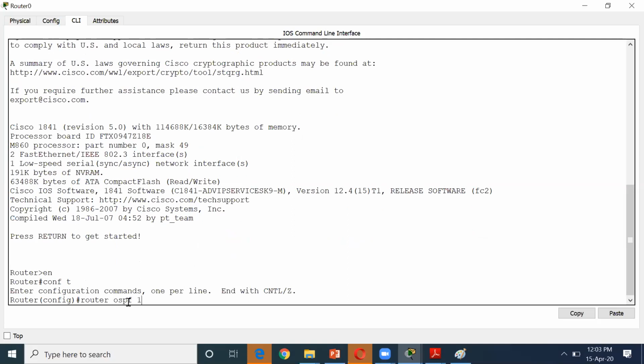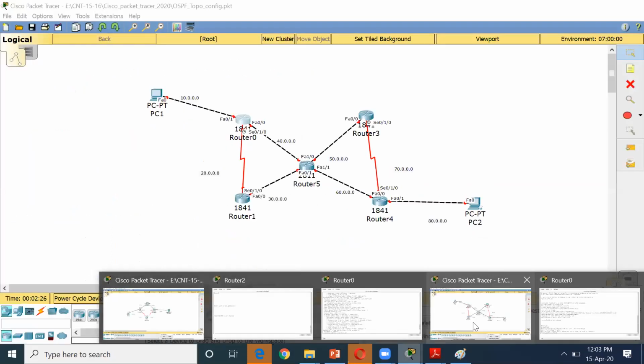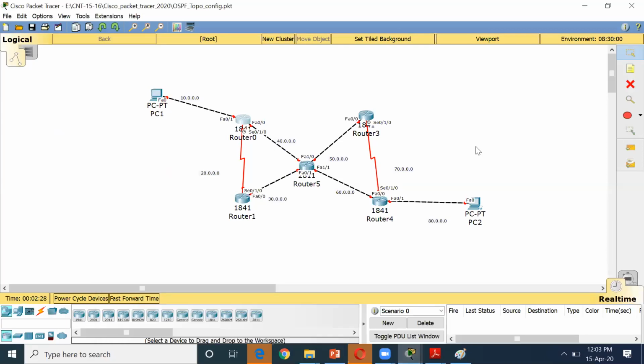So with router OSPF, we are going to specify the OSPF routing protocol, and 1 is the process ID. After that, there must be at least one interface up. So we need to wait till the topology gets up. Still it is not up.